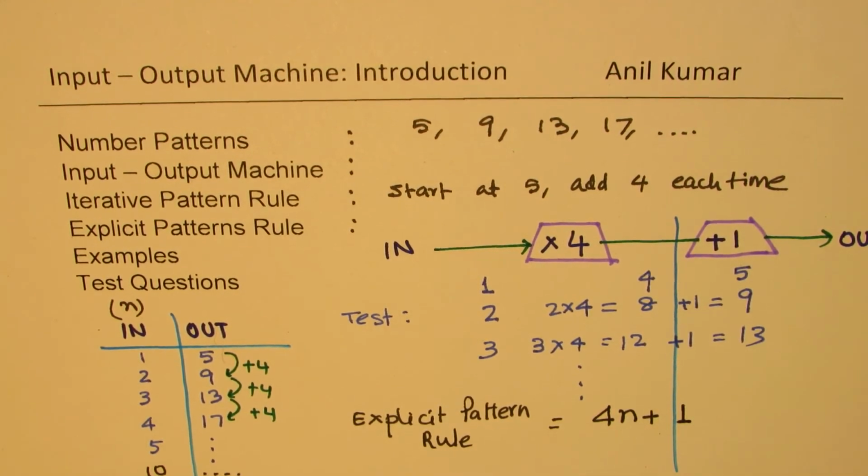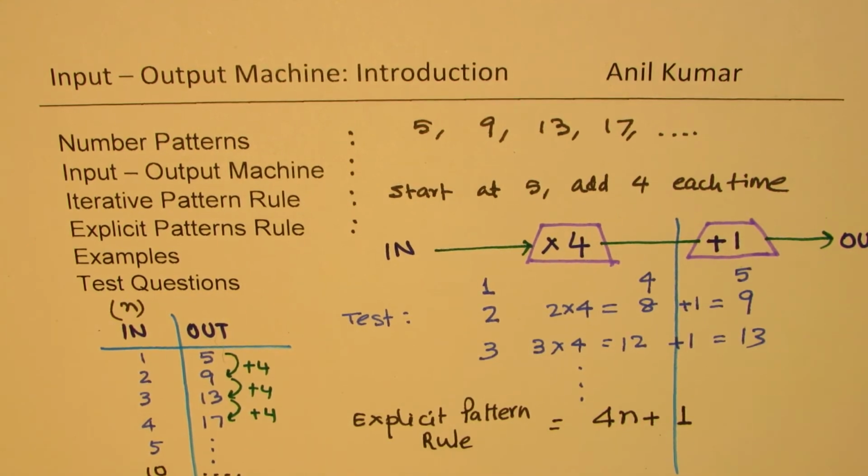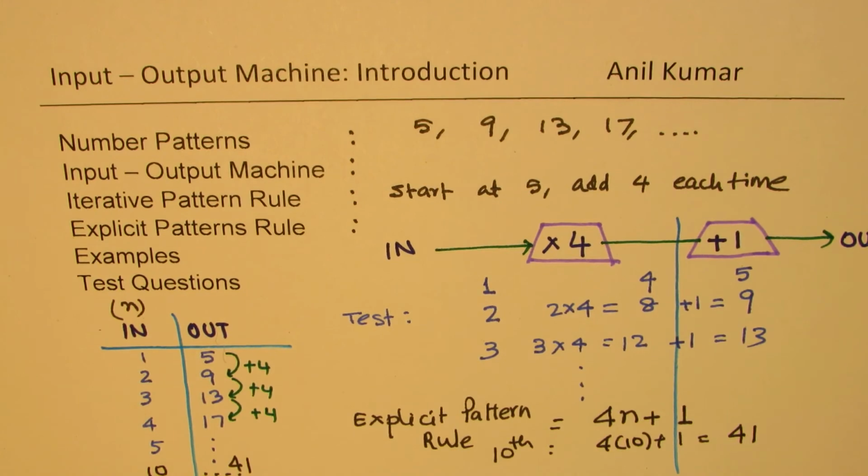So that becomes our explicit pattern rule. You get an idea. So if I have to find the 10th term, so what will be the 10th term? 4 times 10 plus 1, which is 41. So I get 41 here. So that is how immediately we can get our result. Is that clear? So I hope that helps, right?